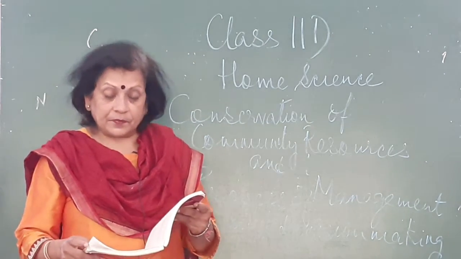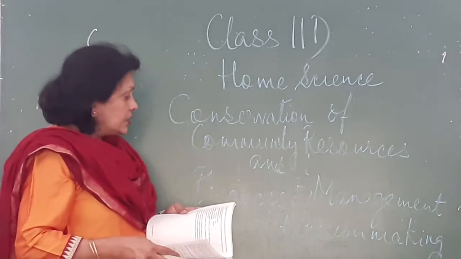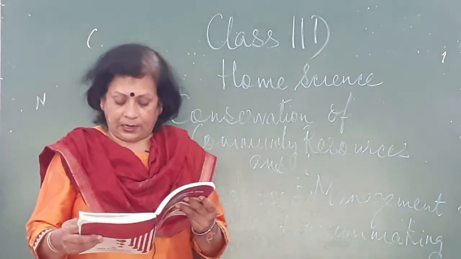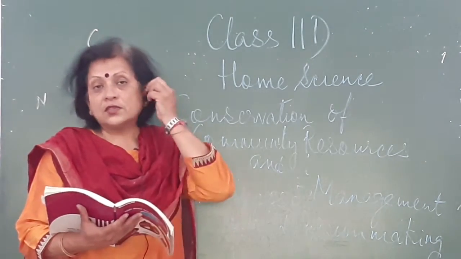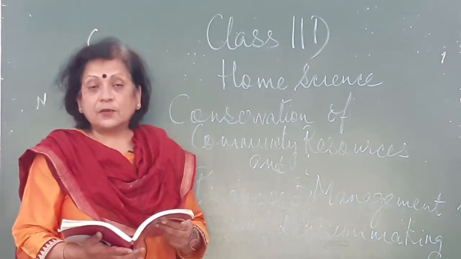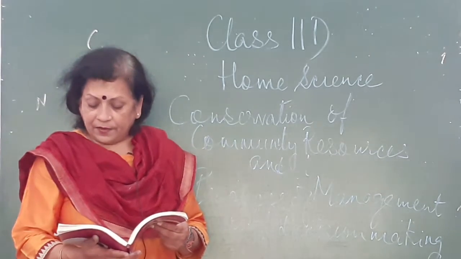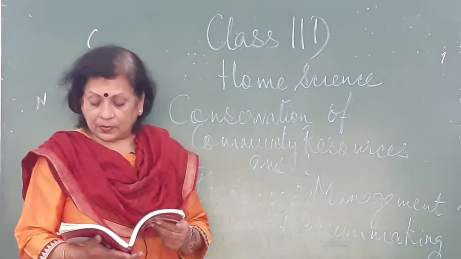Followed by this, we move on to the next part of this topic, that is the process of management and decision making. First of all, the question arises, what is management? We can say management is the process to utilize what you already have and to achieve what you require.